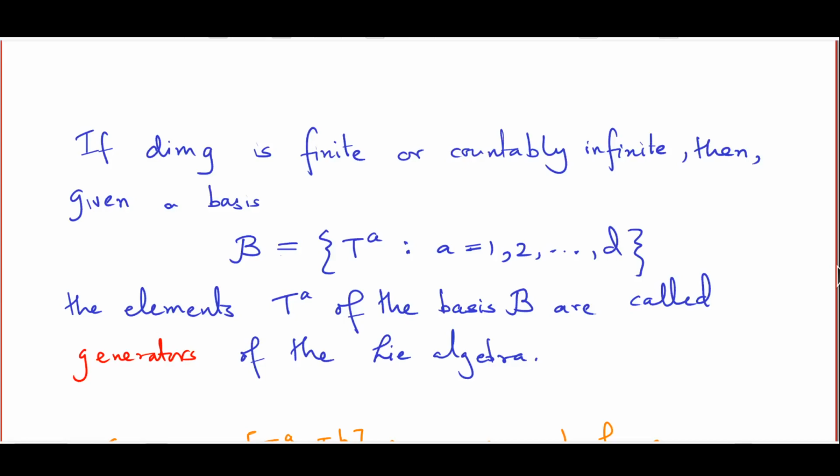Now, please note that the terminology is a bit ambiguous here, in the sense that when we talk about Lie algebras in physics, we are seeing Lie algebra elements as generators of symmetries. But in that context, all Lie algebra elements are actually generators of symmetries, not just the basis elements.